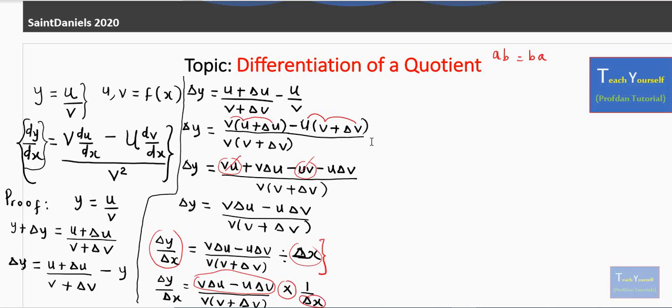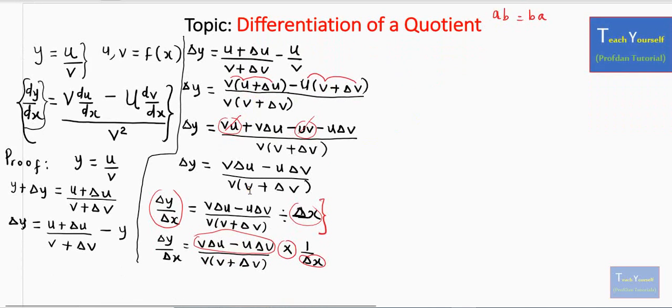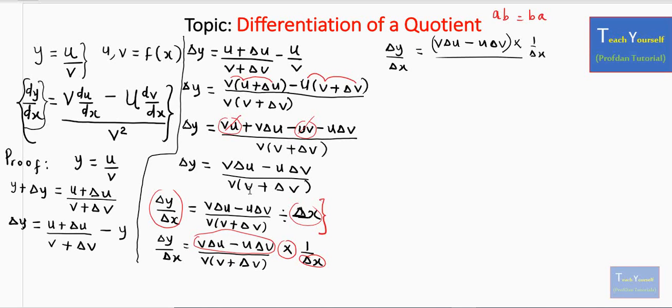So if we rewrite that, we have change in y over change in x equal to the numerator v change in u minus u change in v, all affected by the change in x. So this is times 1 over change in x, all divided by v into v plus change in v.